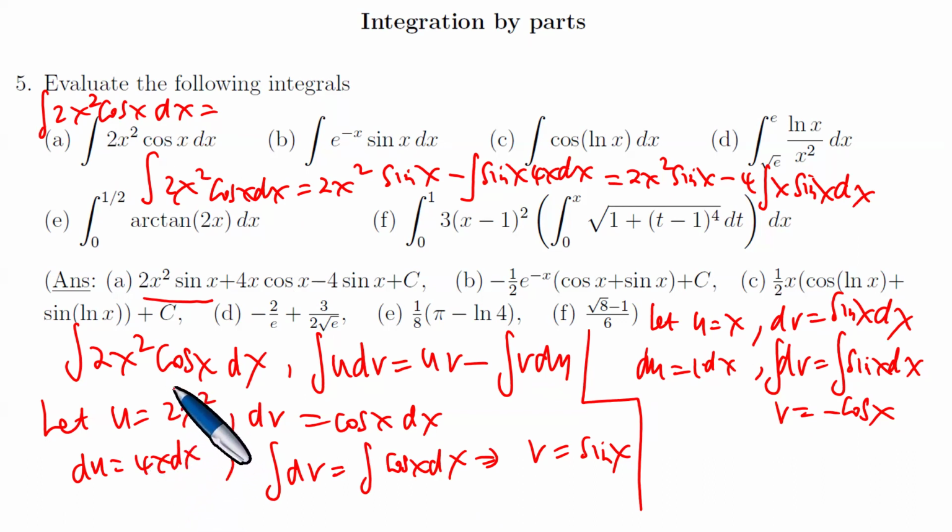For example, if a student chooses u to be cosine x, then it's not going to work, because then the student is going to integrate. The student can choose dv to be 2x squared dx.